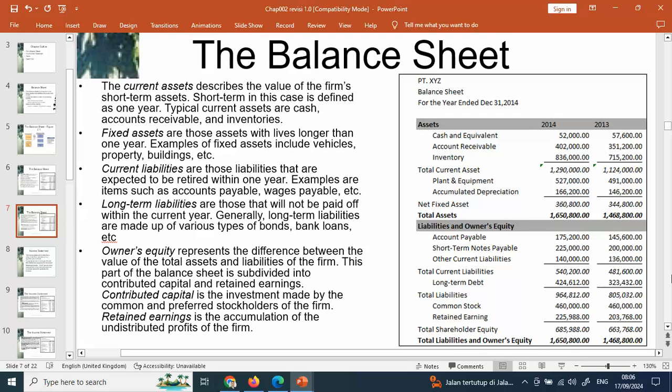Long-term debt: you have a bank loan, long-term debt. If there are bonds, long-term bonds. Liabilities and equity: common stock and retained earnings. So the total of assets and total of liabilities and equity should be the same, 165, 165. You need to make sure that total assets equal total liabilities and equity.